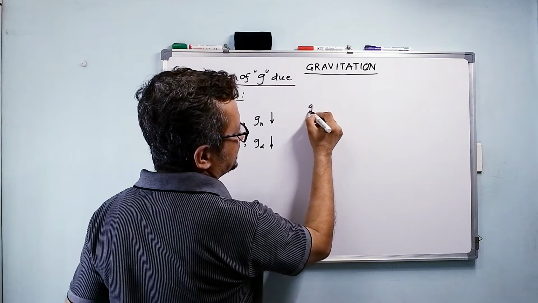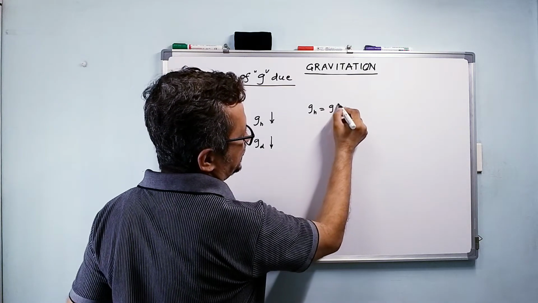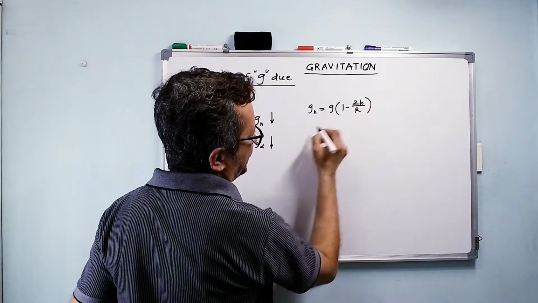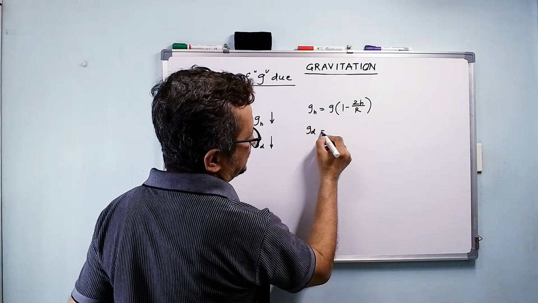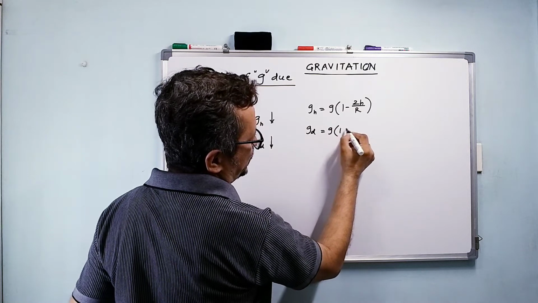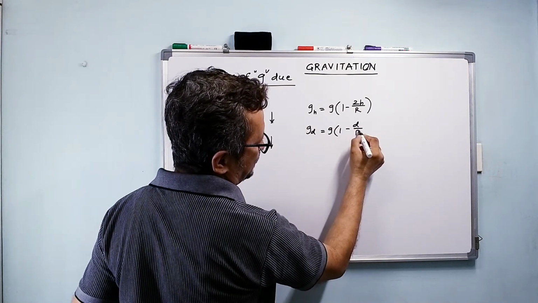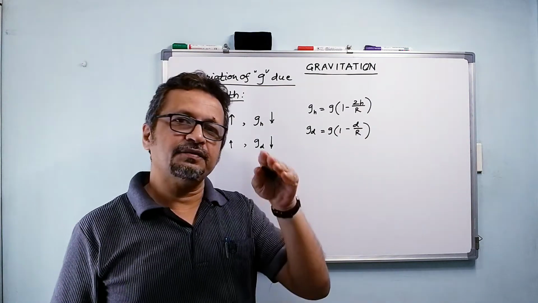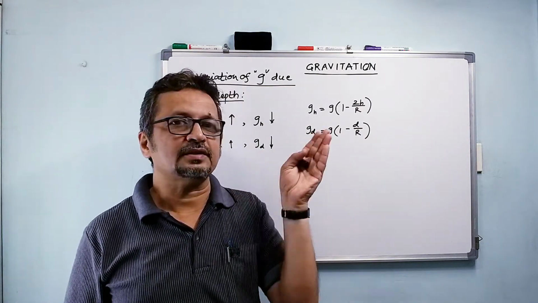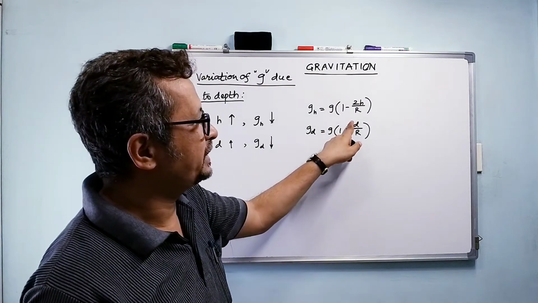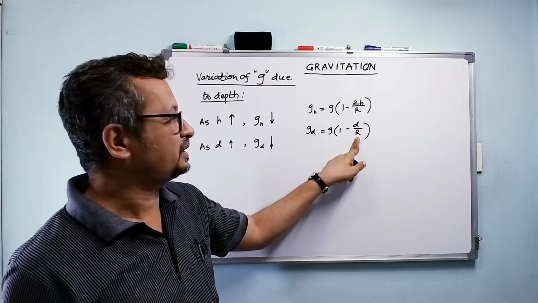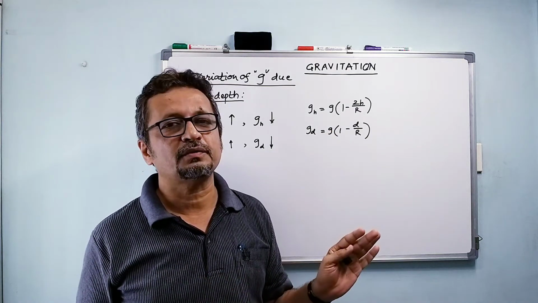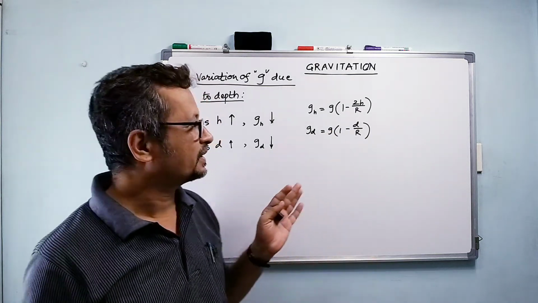My gh was equal to g into 1 minus 2h upon r, and gd is equal to g into 1 minus d upon r. Now in this second expression, if I reach the center of Earth, my small d becomes equal to the radius of Earth. So in that case, the acceleration due to gravity is going to be equal to 0, correct?